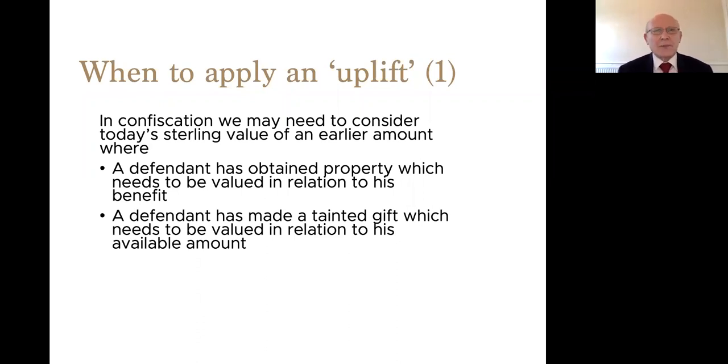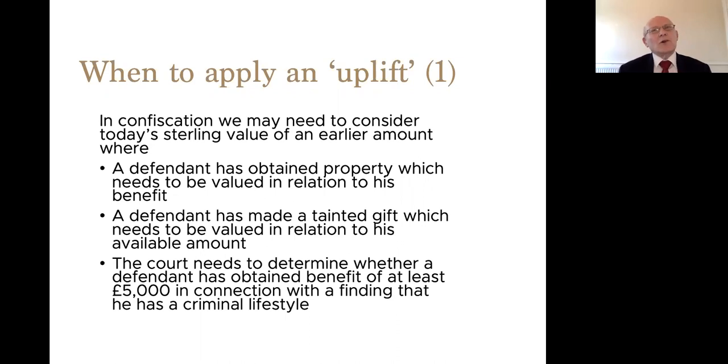You might then compare that with the current value of an asset. So for example, if there's been a tainted gift of a house, you look at the value of the house at the time the gift was made, you uplift that for CPIH, you also look at the value of that house today, and then from a tainted gift perspective, you select the higher one. That's what the legislation requires you to do.